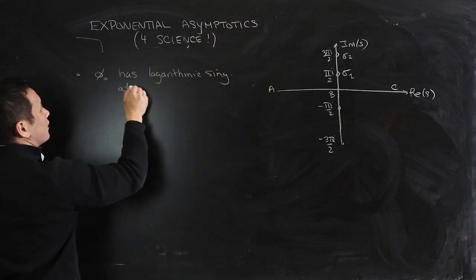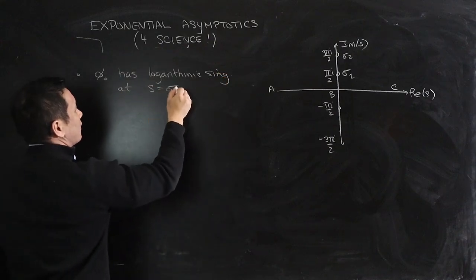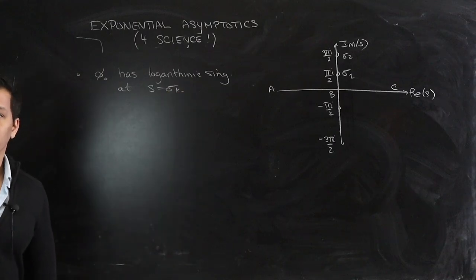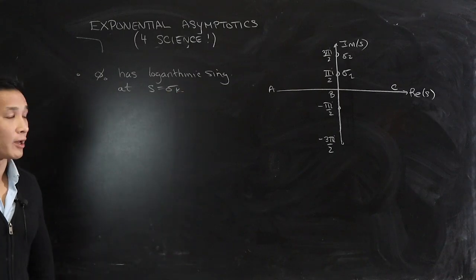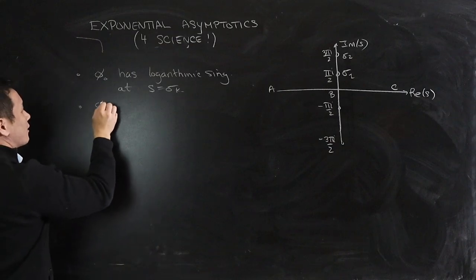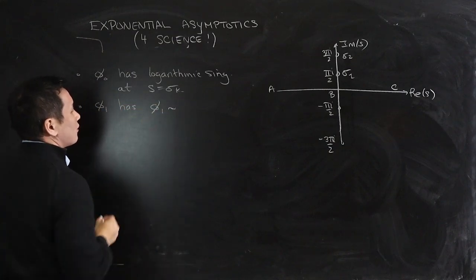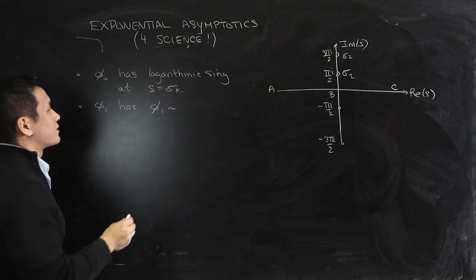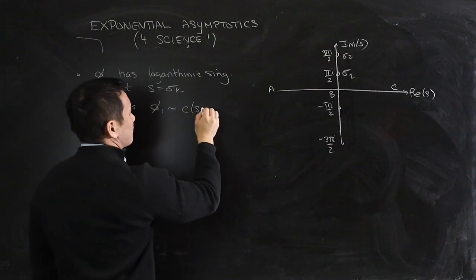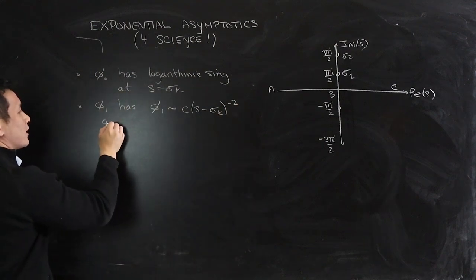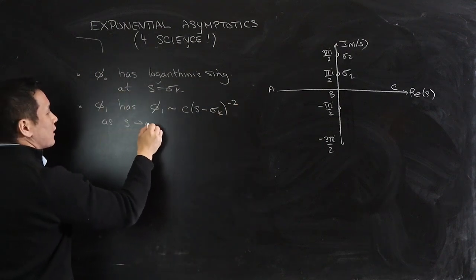At s is equal to sigma k, I can go to one order higher and check what the singularities are in phi 1. I can double check that phi 1 has the behavior of a constant times s minus sigma k to the minus 2 as s tends to sigma k.